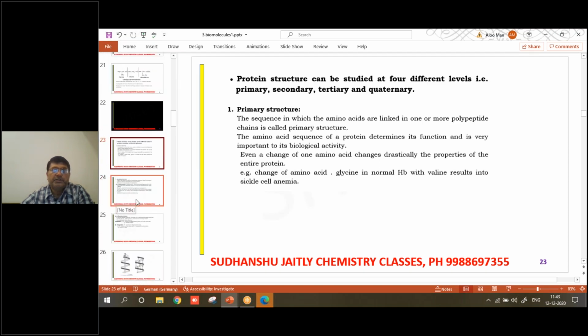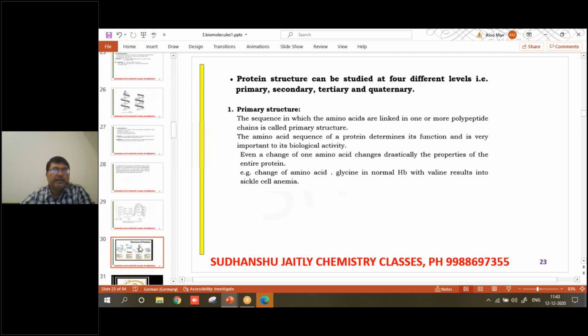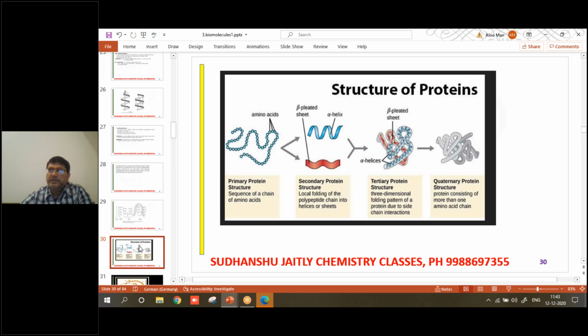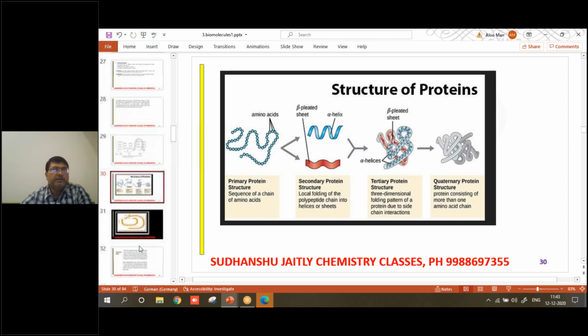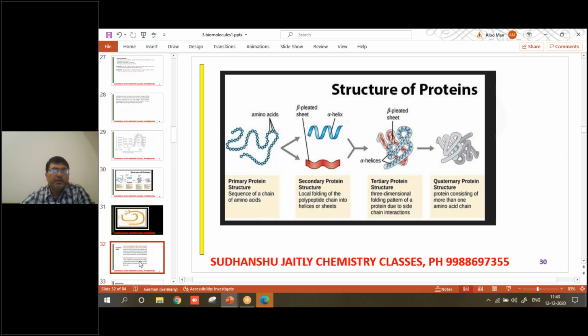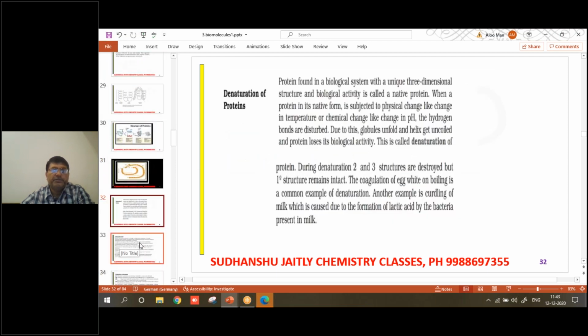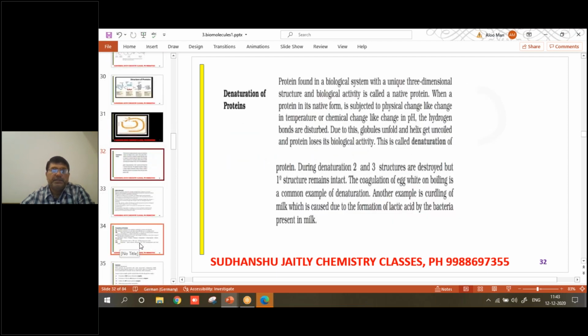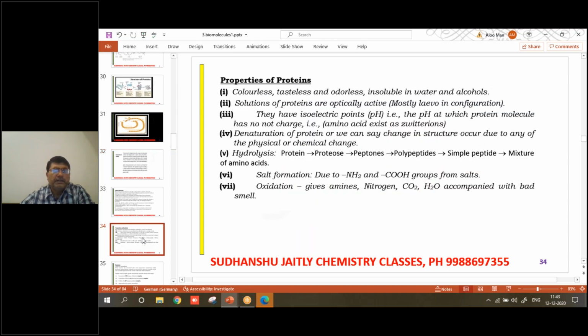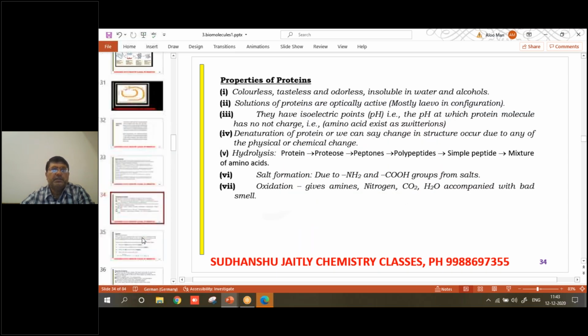Protein structure can be studied at 4 levels: the primary, secondary, and the tertiary and the quaternary, right? So that is going to be the structure of protein. You also discussed denaturation of protein, which happens with the addition of acid, base, matlab some chemicals, even you can add NaCl also, or even with the change in temperature, like boiling of egg.